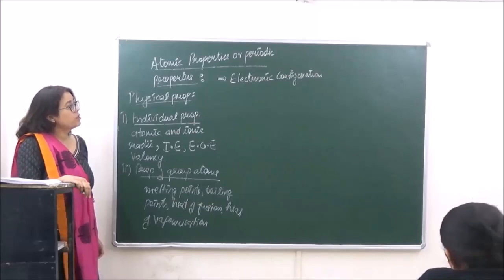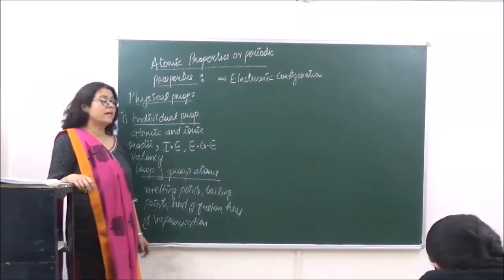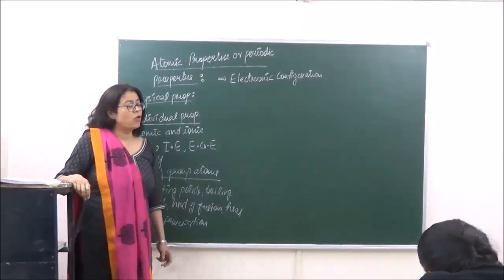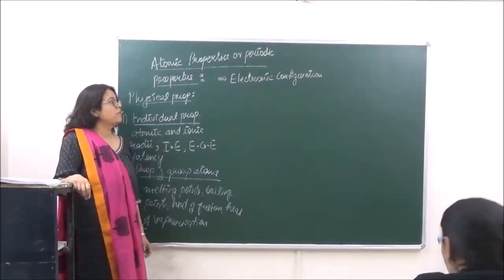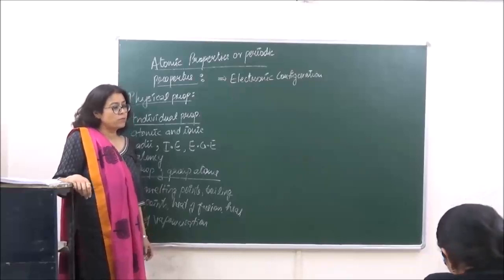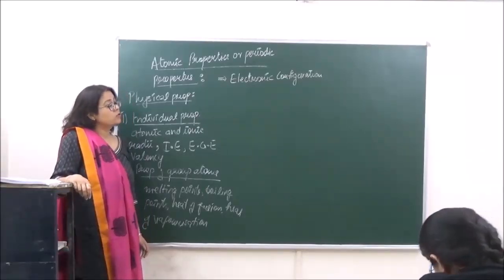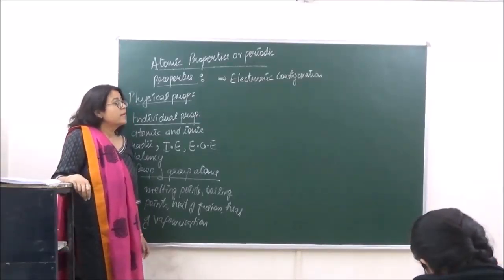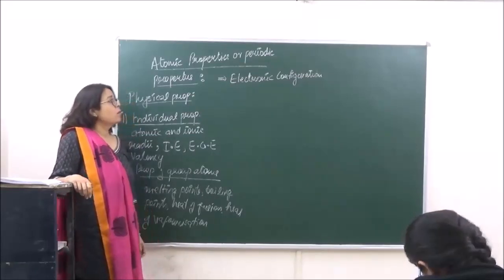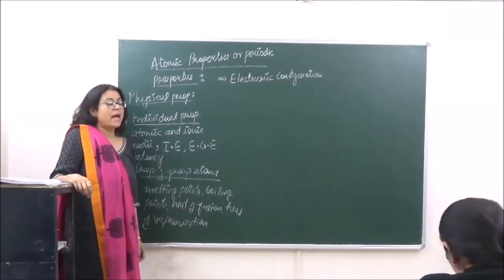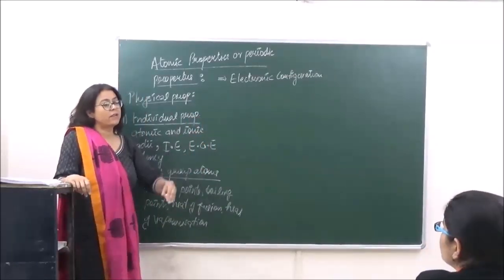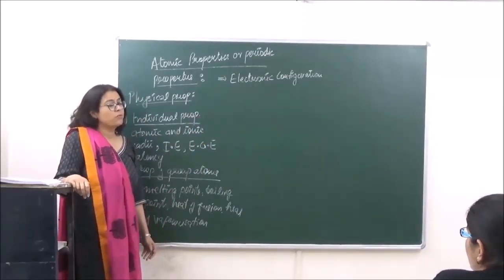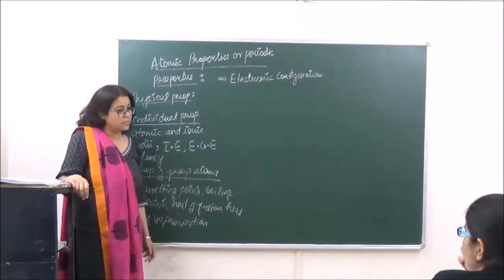Because in electronic configuration, the electrons are arranged according to various principles which we have already done: the Aufbau principle, the Pauli's exclusion principle, and Hund's rule of maximum multiplicity, right? Basically we ask why the properties are the same after regular intervals. That is because of periodicity, which we have already discussed.